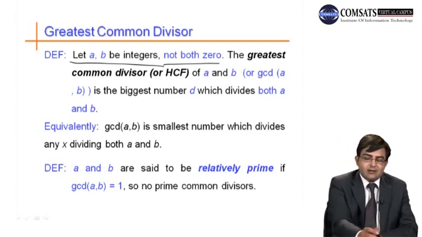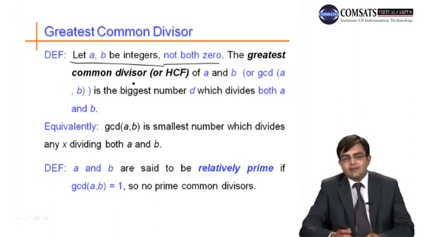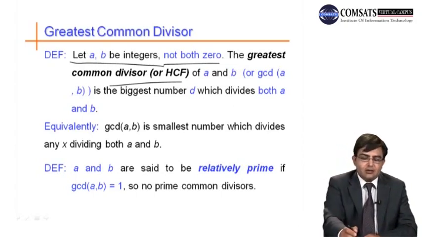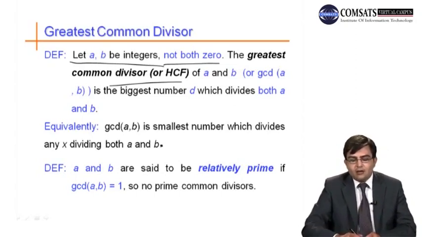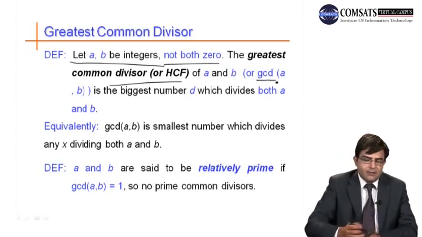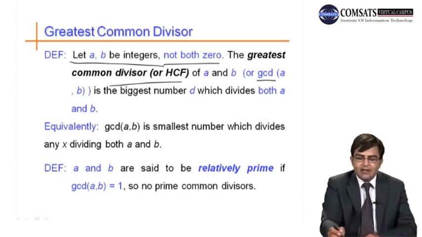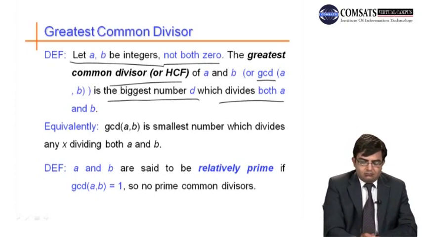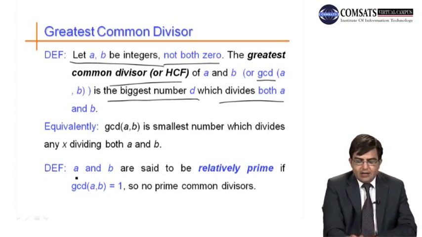The greatest common divisor, or highest common factor, as you have studied in early classes, of a and b, which we write as GCD of a comma b, is the biggest number d which divides both a and b.